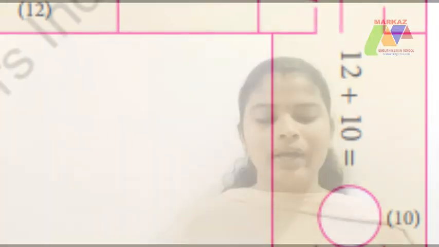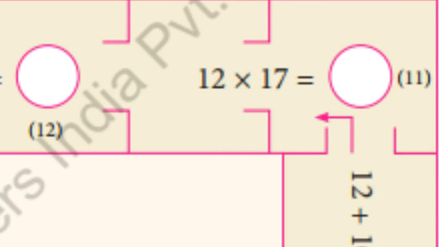Children, now the 11th one, 12 into 17. So here we have to multiply 12 into 17. 12 into 17 is equal to 204.